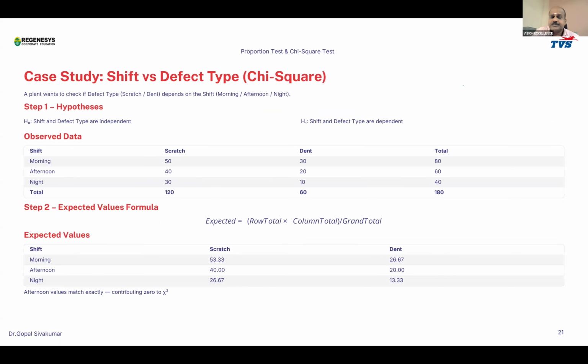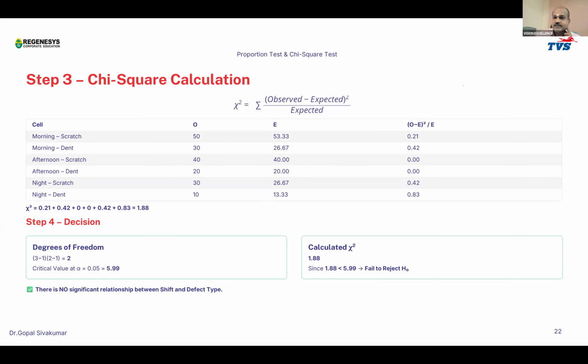How many rows are there? 3 rows, because you have morning shift, afternoon shift, evening shift, night shift. And similarly, type of defects, how many you have? 2, scratch and dent. So there are 3 rows and 2 columns.